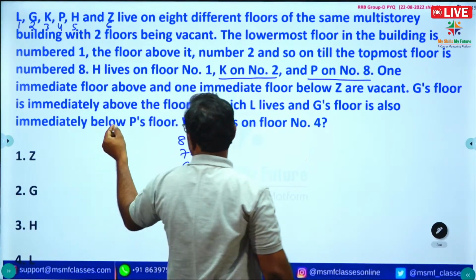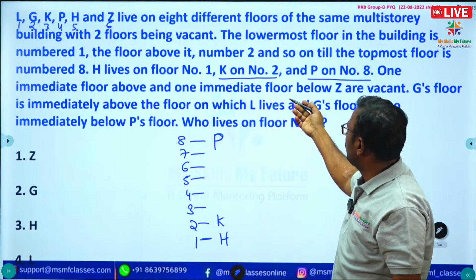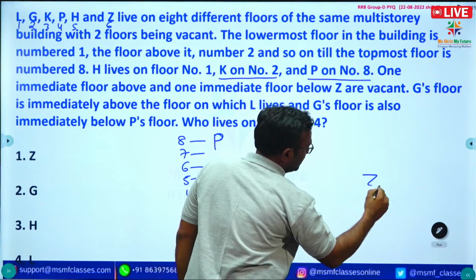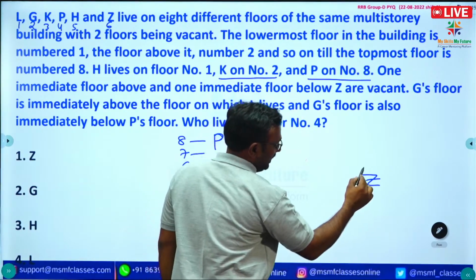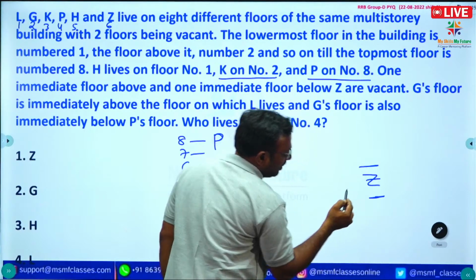One immediate floor above and one immediate floor below Z are vacant. So above Z and below Z are vacant floors.